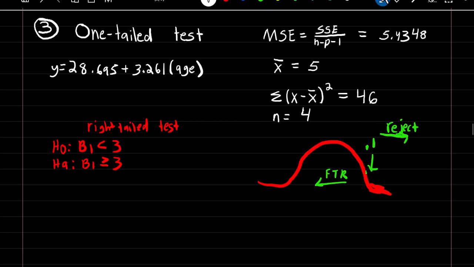So we're going to find the t-score in the exact same way. So our observed, which was 3.261, minus hypothesized, now we're going to use a value of 3, divided by the standard error, which is still the same as 0.3437, and we're going to get a t-value of 0.75938.